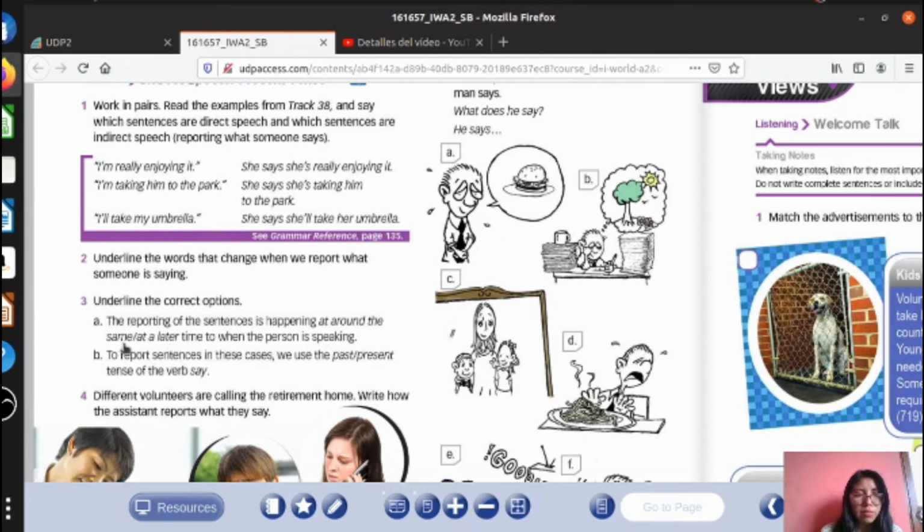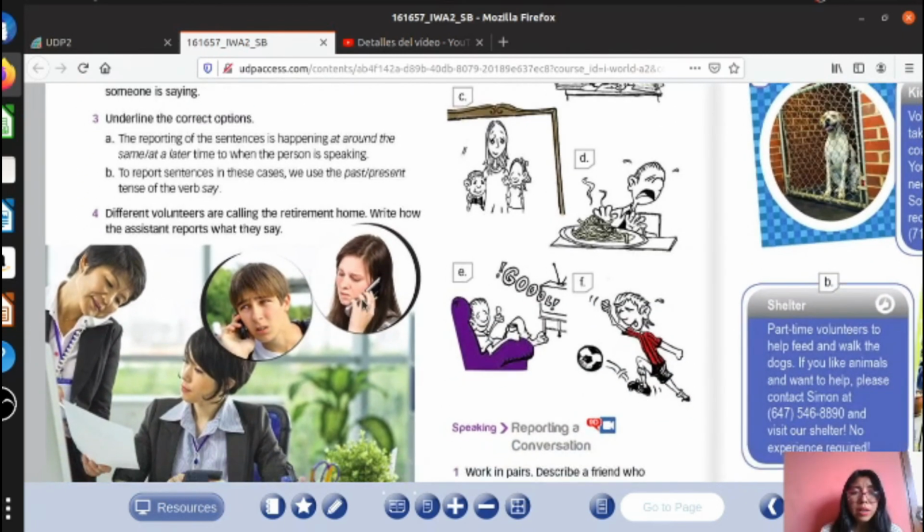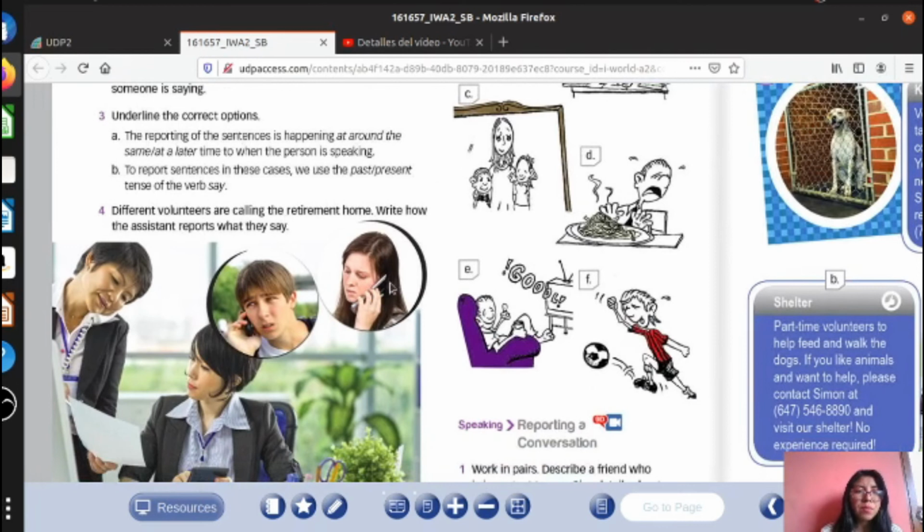Okay, so you have to underline the same or at a later. Okay, to report a sentence in these cases we use the past or present tense, so you have to choose if you use past or you use present. Okay, you have to underline in order to make the rules.